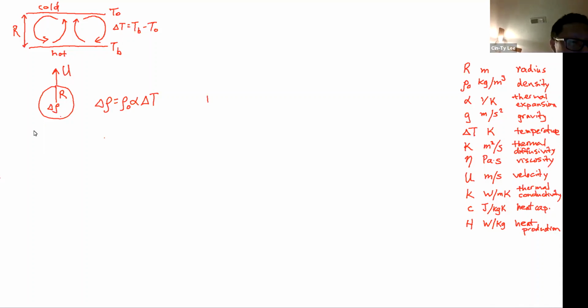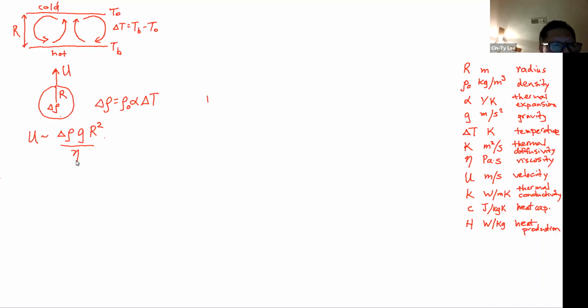And we previously showed that the rise velocity is going to be on the order of delta rho g r squared over eta. Eta is the viscosity of the surrounding fluid. That's what's actually deforming. The viscosity of the blob doesn't matter as much, so long as the viscosity of the outside of the fluid is higher.